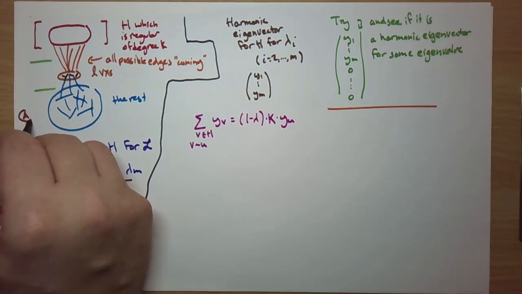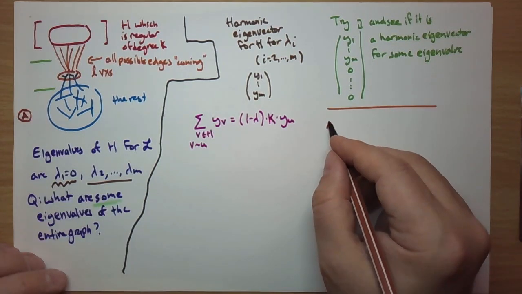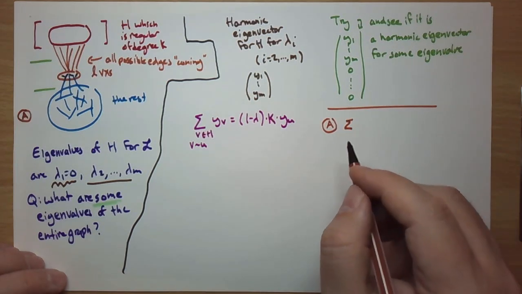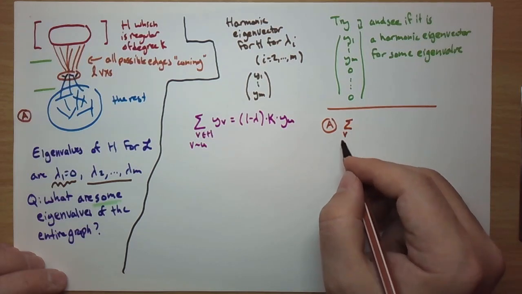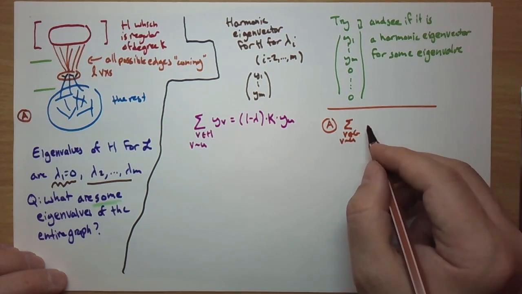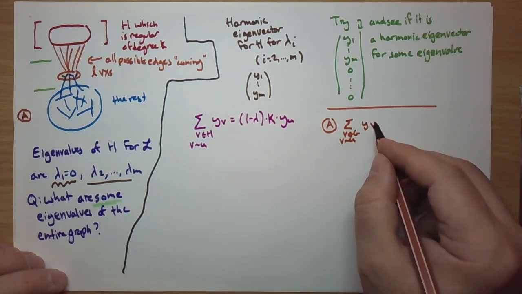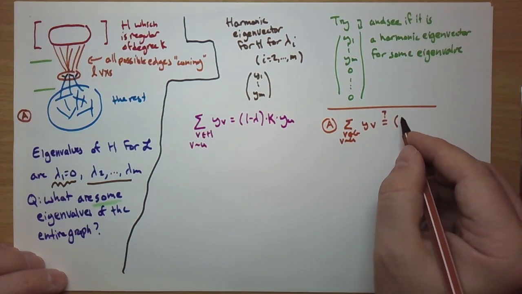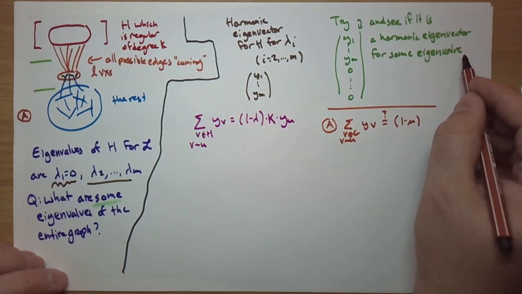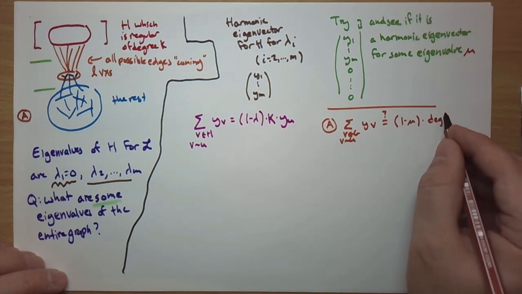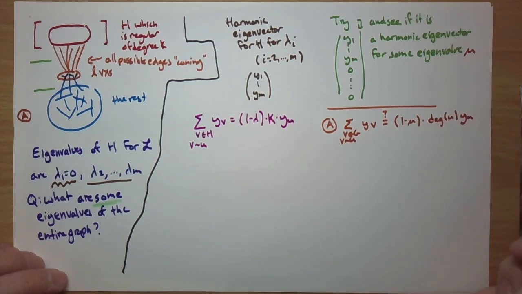We'll call this case A. So in case A, well, we have the sum over all the vertices adjacent to u, and we'll call G our giant graph, of y sub v. And the question is, does this equal our 1 minus mu, so we'll call mu a temporary name for it, times the degree of u, well, we don't know what the degree is, times y sub u. Well, is this always going to be true, and if so, why?